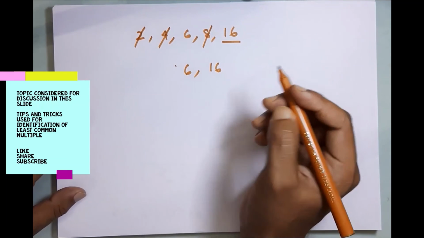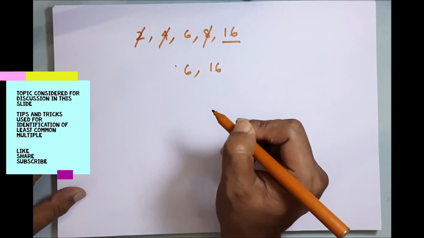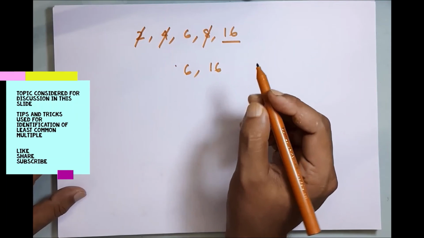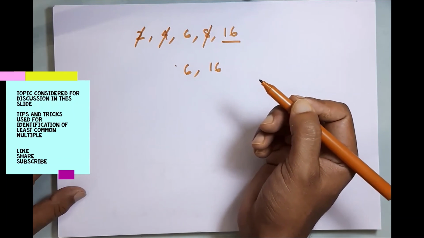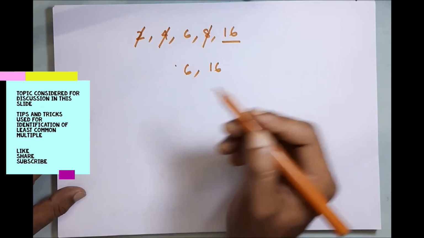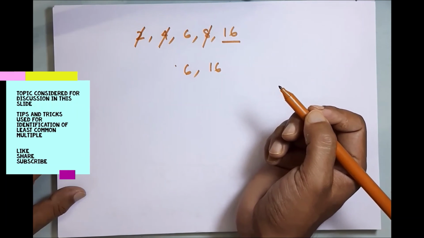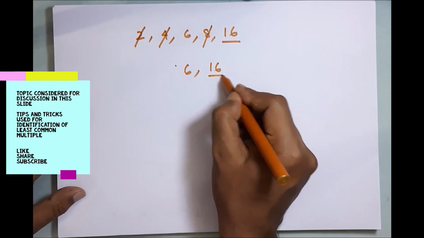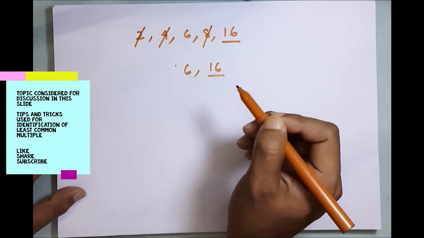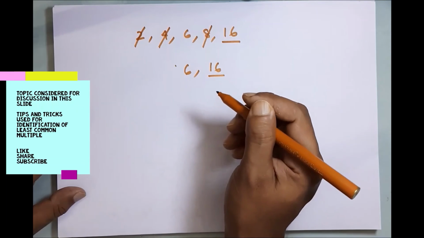So the process of identifying the LCM of numbers where it is not prime, it can be divided by other numbers, or it has common factors available, but it is not exactly divisible to each other. So 16 cannot be divided by 6, but they have common factors available.